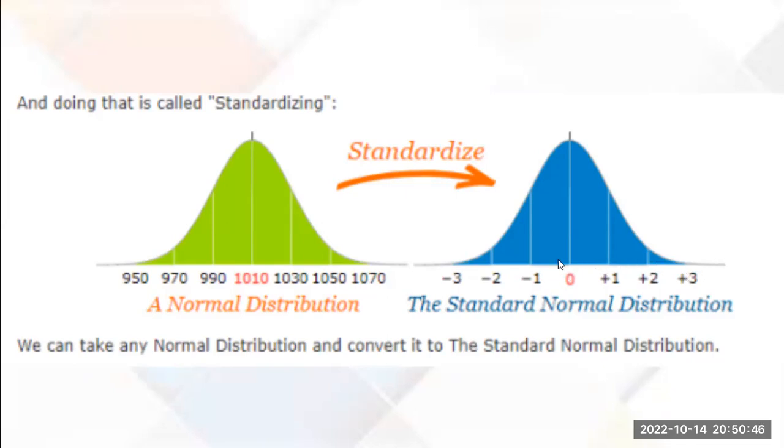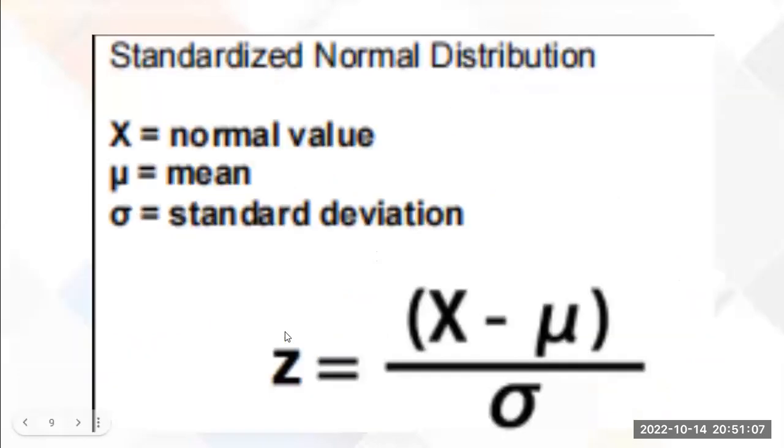And then sa left part, -1, -2, -3, that's negative infinity. So that's the difference between the two. We can take any normal distribution. If it's a normal value ang given, you need to convert it into a standardized value using this formula.